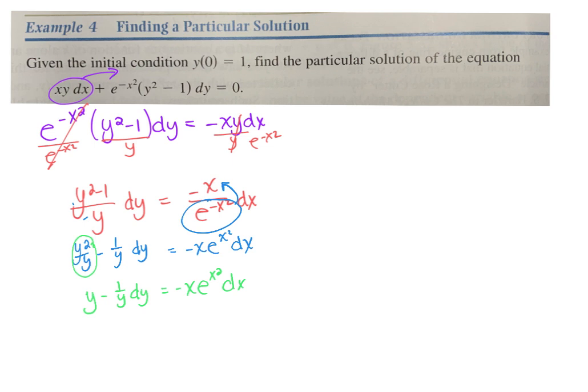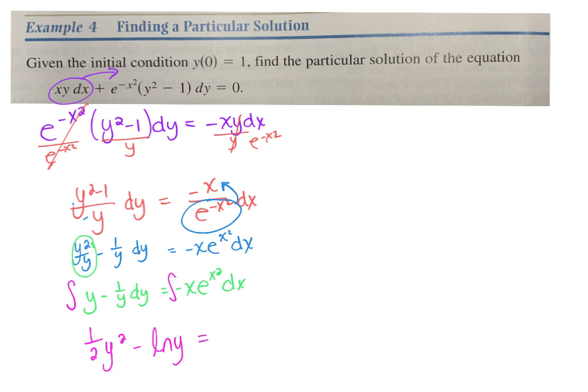And then we're going to take the antiderivative. So our whole goal here is to find y. That's what we're trying to do. And so we need to then do the integration piece of it. Integration of y, you just add an exponent and divide, so that's 1/2 y squared. 1 over y, that's going to be ln of y.